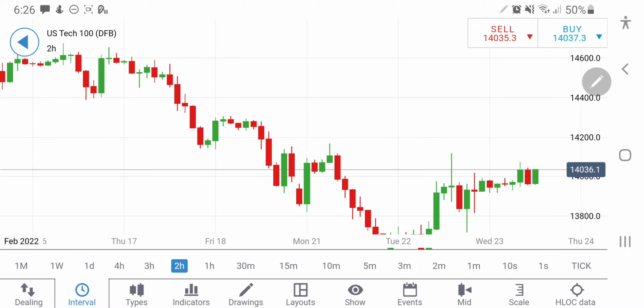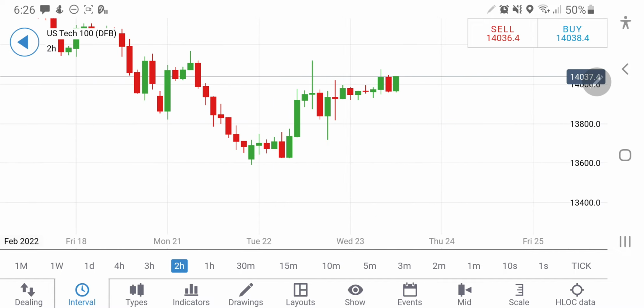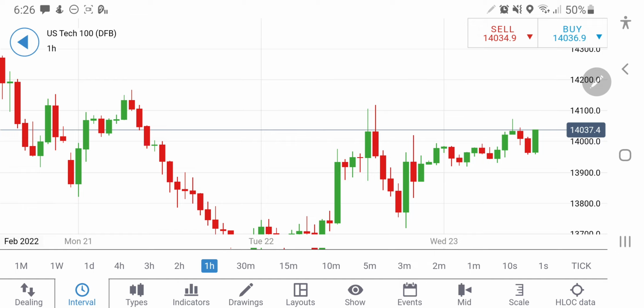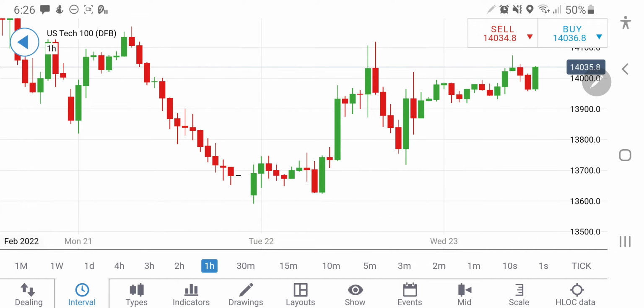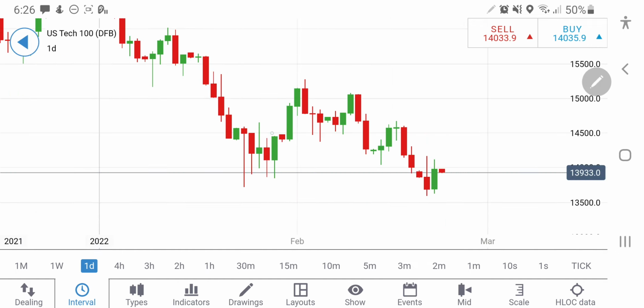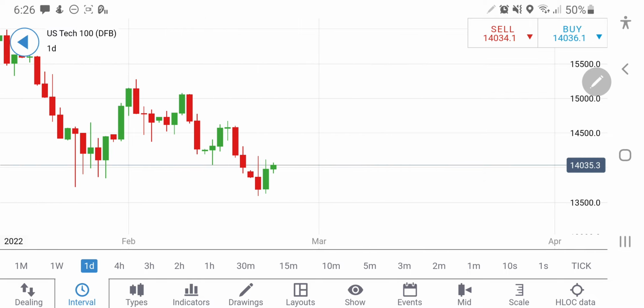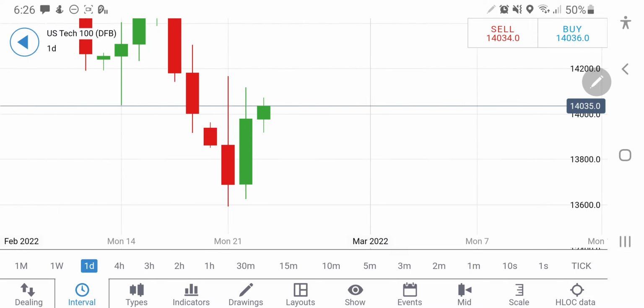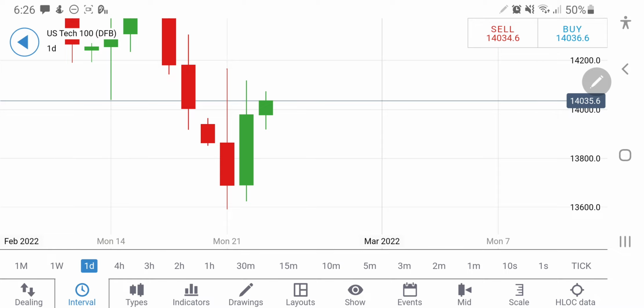And look at the 2-hour charts. On the 2-hour charts, the story is similar to what we had seen, and the hourly charts almost reflect the same. Now let's come back to the daily charts. On the daily charts, you can see something of interest, the lower highs are almost well connected. That is why I say 14100 again today, or rather 14080.